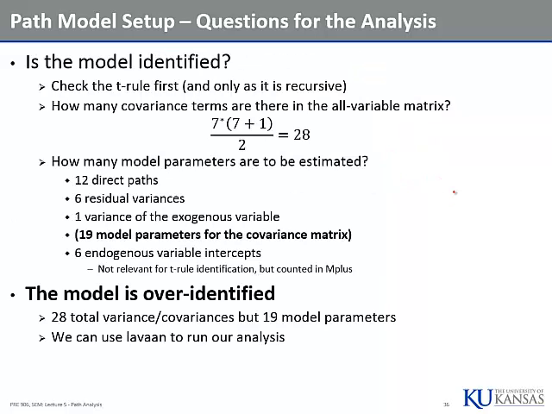How about the model itself? Let's take a look. We had 7 variables altogether in the analysis. Here's how you quickly figure out how many unique terms are in the saturated model covariance matrix: it's the number of variables times the number of variables plus 1, over 2.